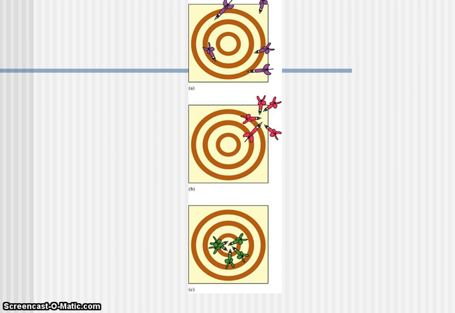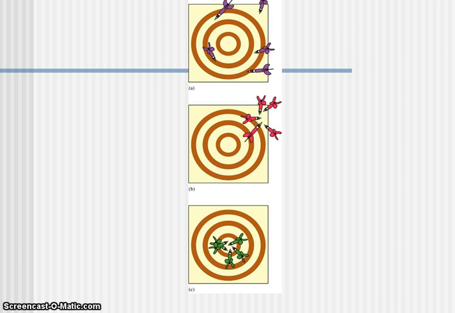So let's look at these dartboards. If we look at the first dartboard, we have darts that are scattered all around the dartboard. And what that's a demonstration of is a measurement that's neither precise nor accurate. If we're trying to hit the bullseye, none of those darts hit the bullseye, so it's not accurate. And the darts are all over the board, so there's no consistency, so it's not precise.